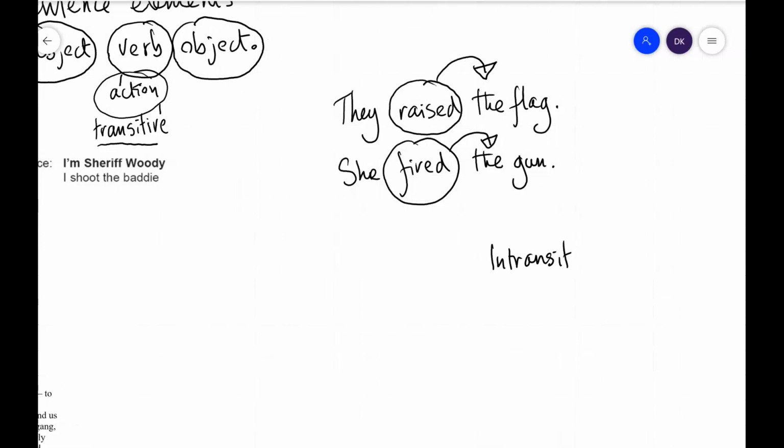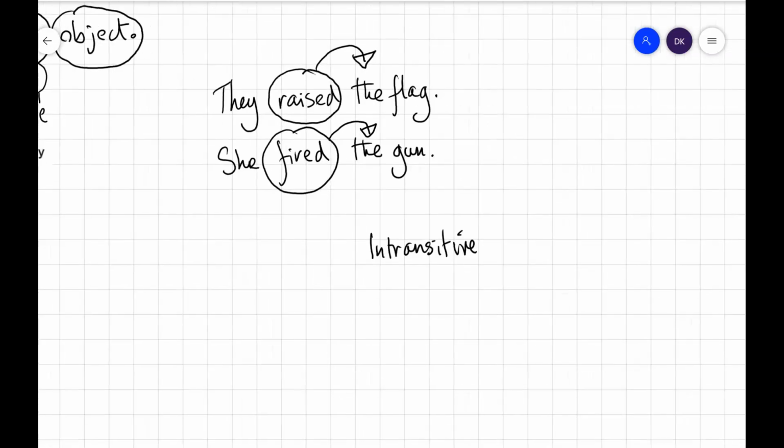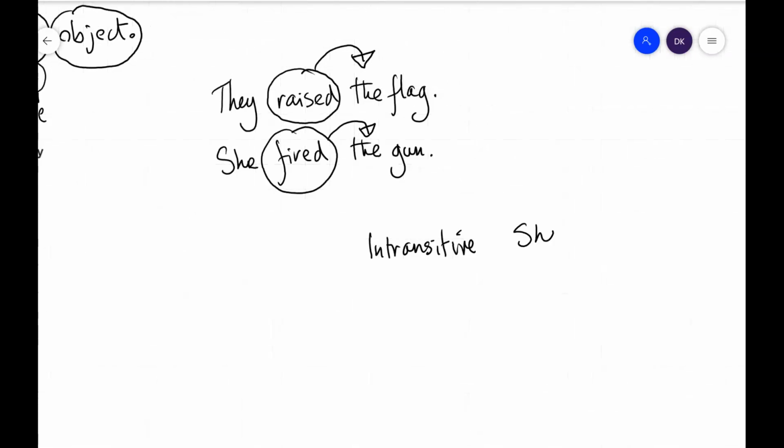Well, intransitive verbs are all over the place. If you say, for example, she laughed, or he cried, in that instance, you don't need to have an object afterwards. You don't need it. You can just put your full stop right there. Yes, Jesus wept, one of the shortest sentences they reckon in the Bible.